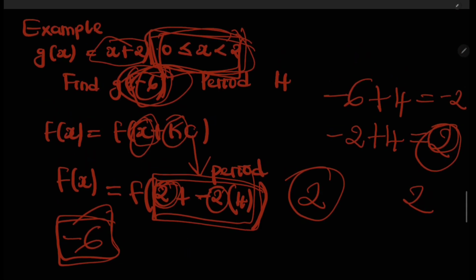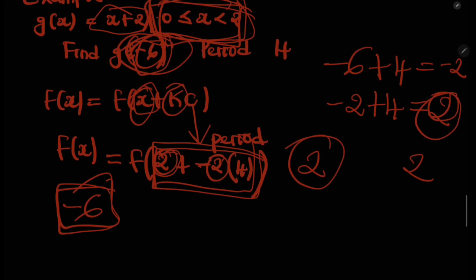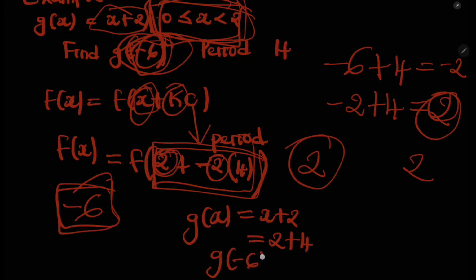So from here, we take this 2, which is our x, and substitute it into the g of x function. So g of x is equal to x plus 2. Now we know that our x is 2, so we have 2 plus 2. And finally, g of minus 6 gives us, sorry, this here is 2, not 4.